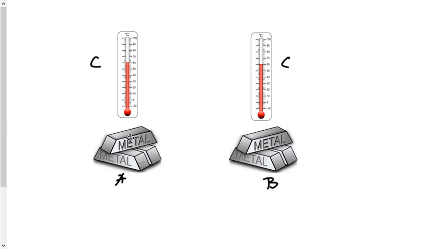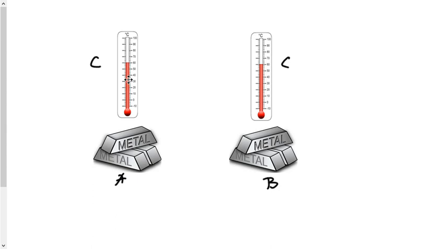Why? Well, heat will transfer back and forth until both of them are the same temperature, in this case measured by our thermometer. And let's say I've got a sample of metal B over here, and I take the same thermometer and move it over there, and it reaches thermal equilibrium, meaning the temperature of the thermometer is the same as the metal, and we measure it to be 60 degrees Celsius.